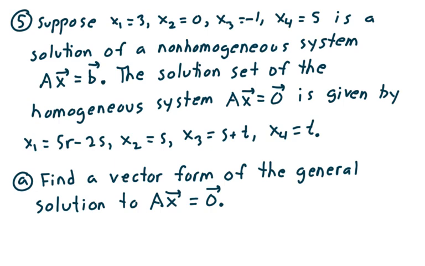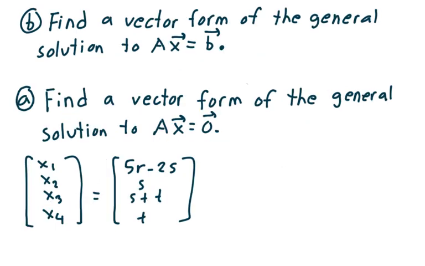Find a vector form of the general solution to AX equals 0. Okay, that's part A. Part B, find a vector form of the general solution to AX equals B.